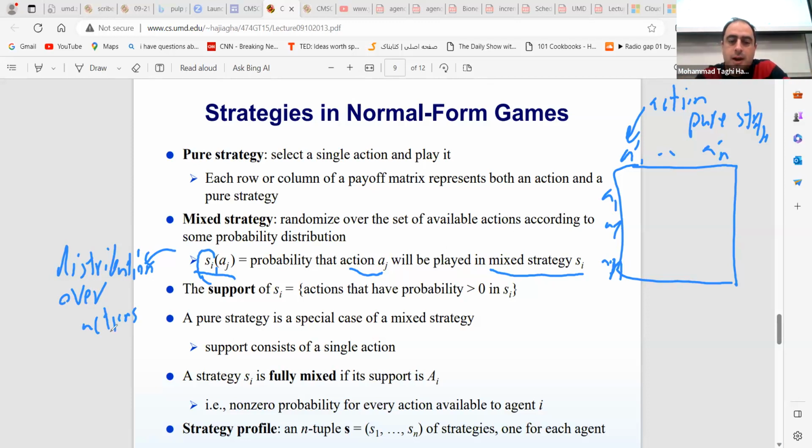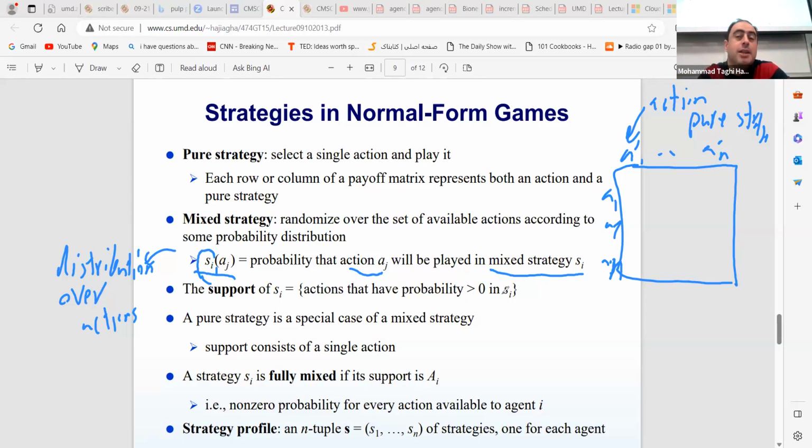The support of Si would be actions that have probability greater than 0 in Si. This is like the support of any distribution that we define. So a pure strategy is indeed a special case of a mixed strategy that puts all the probability on just one action. In that case, the support of a pure strategy has only one action.